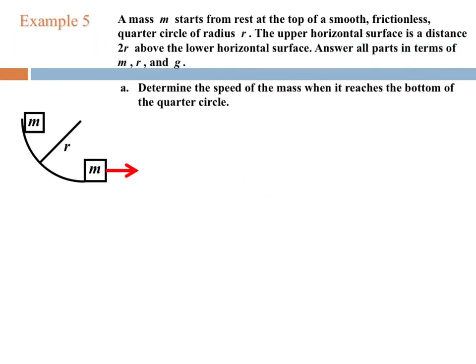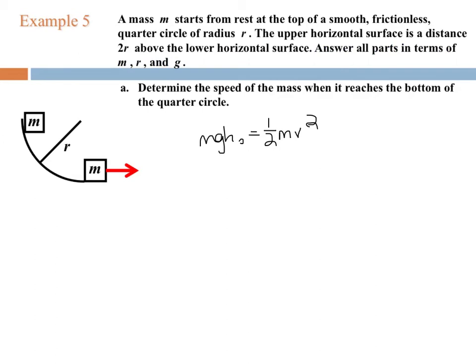The first part asks us to determine the speed of the mass when it reaches the bottom of the quarter circle. Well, even though it's curving, at the beginning it had gravitational potential energy, and at the end it's only going to have kinetic. So we can write our equation mgh naught is equal to 1/2 mv squared.